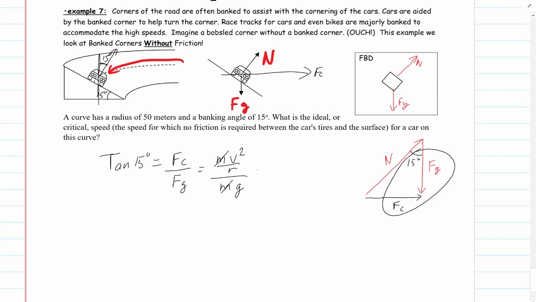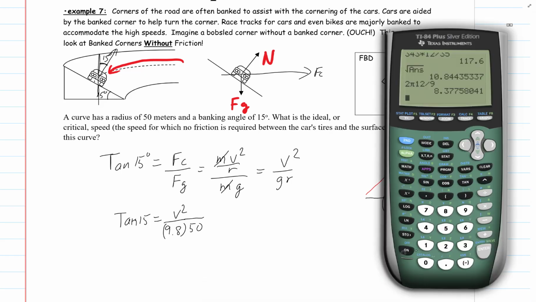So we get v squared over gr. We have the radius is 50 meters, so we can solve for v. So tan of 15 is equal to v squared over 9.8 times 50.